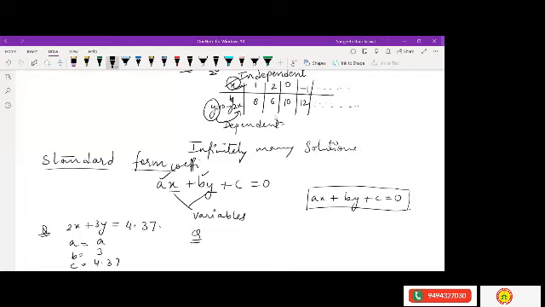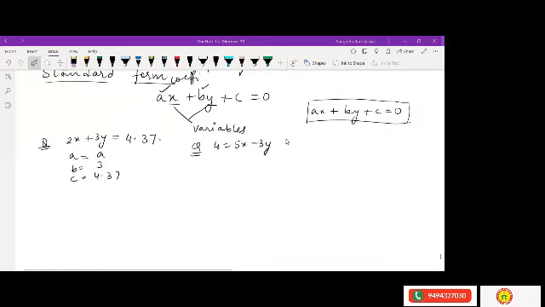Now somebody else should say: 4 equals 5x minus 3y. Okay, Yukta, you tell me, what is A, B, and C here?